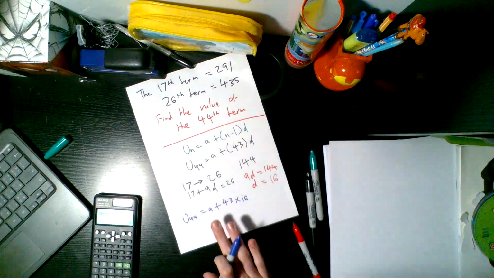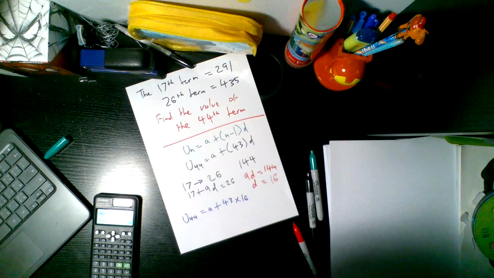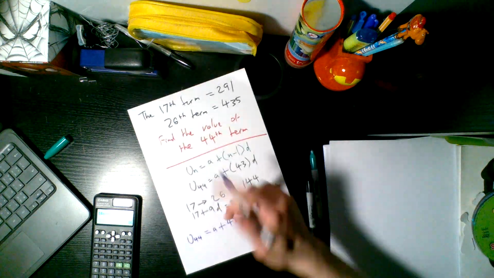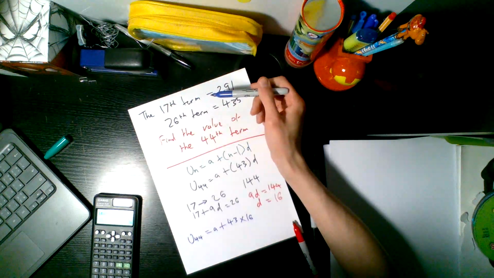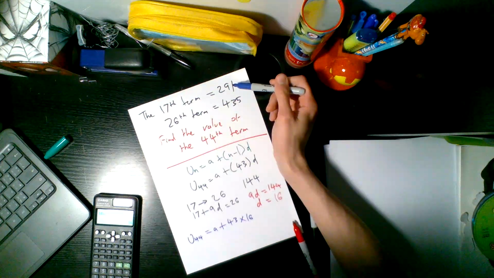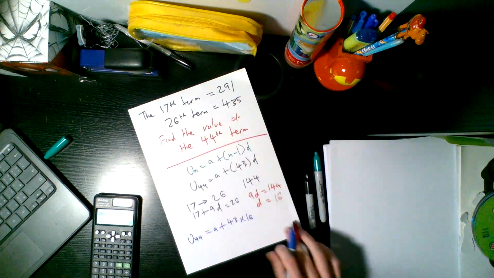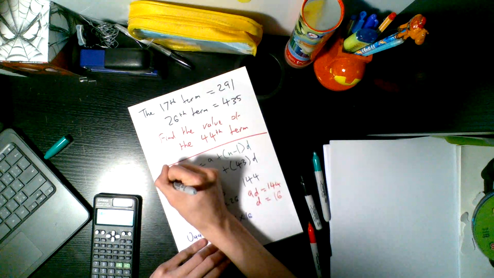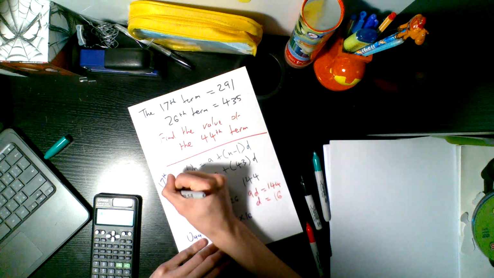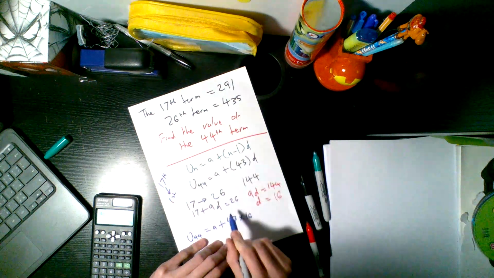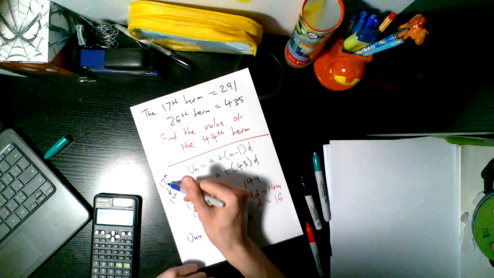Now we need to know a. They told us that the 17th term is 291, right? How do we get from the 17th term to the first term? We need a. How do we get there?